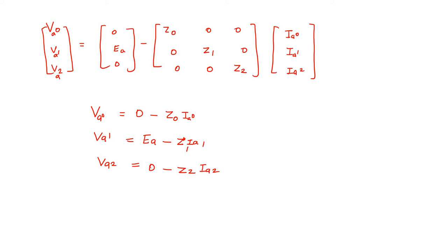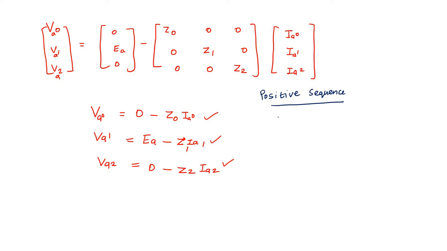And next, for this, I am going to draw the sequence network. This is the zero sequence component of a voltage. This is positive sequence and this one is the negative sequence. Now I am going to draw the positive sequence first. So the center one is the positive sequence component.